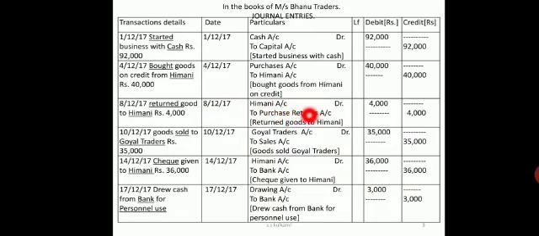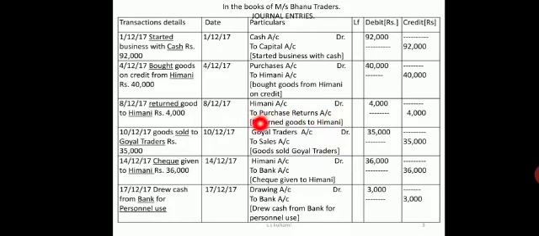That's why it is called purchase returns. Purchase returns is an income or gain because we are reducing our liability, or not paying to the extent of 4,000 to Himani. So the transaction is Himani's account is debited to purchase returns.